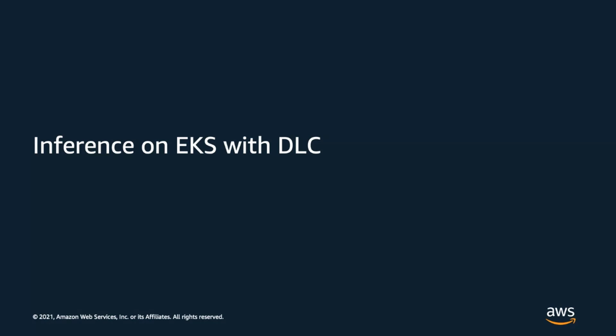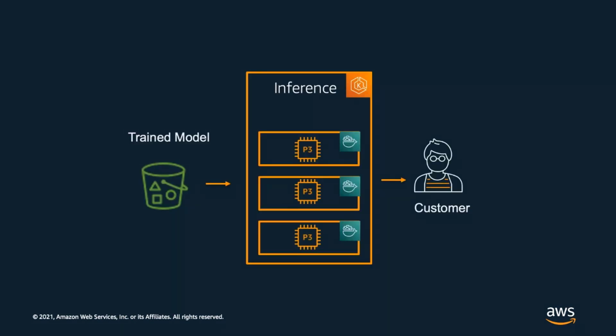For instance, if I trained a half plus 2 model and hosted it on an inference service, I'd expect that I could make requests via REST or gRPC API to my server, and I'd send in some number and retrieve a response that was half plus 2 of that number. So that's exactly what we're going to do in this next demonstration. Double-clicking on inference workflows, let's see what an inference system looks like with DLC.